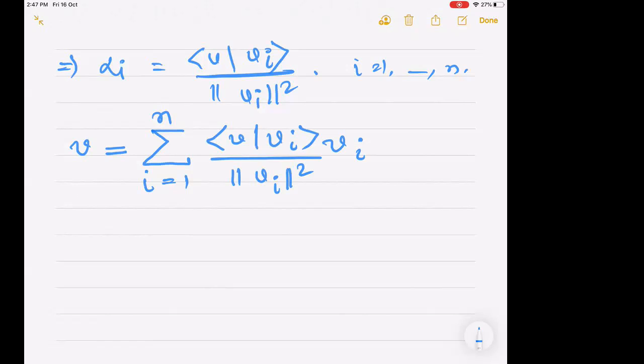Each of these quantities is in fact called the projection of V along Vi.